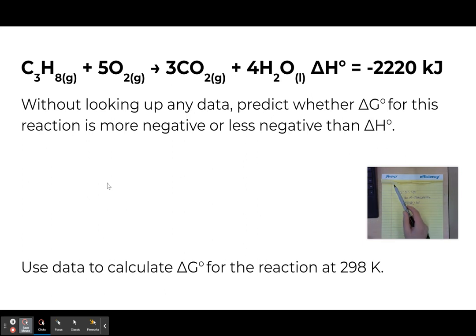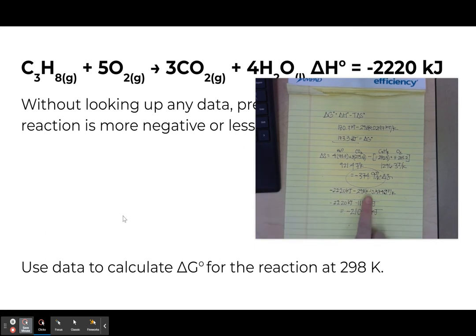So we have 6 moles of gas on the reactant side, only 3 moles of gas on the right-hand side. So I'm going to say that this looks like it's going to be a decrease in entropy, which will make this term right here end up adding to delta G, so it will be less negative. Let's actually calculate delta G and find out if this is spontaneous or not. Oh, and a hint for this question, you are going to have to calculate delta S to get that term.